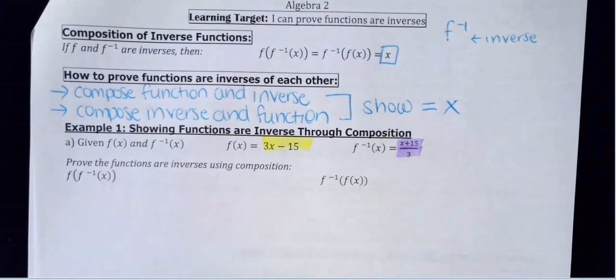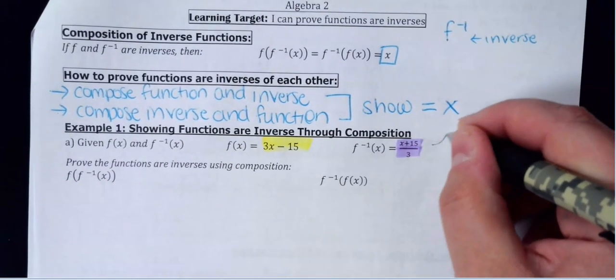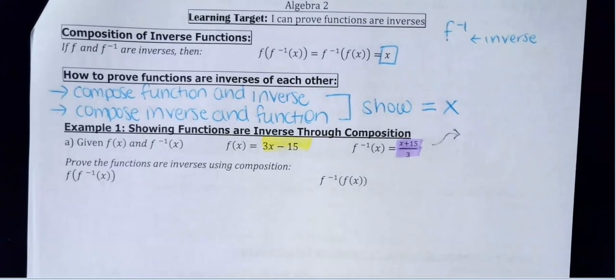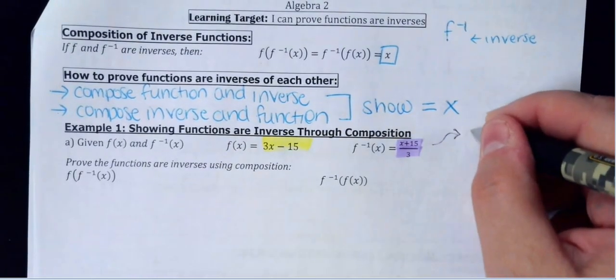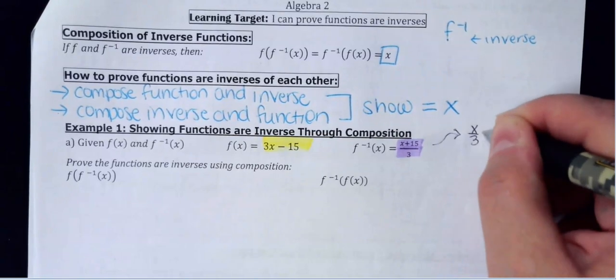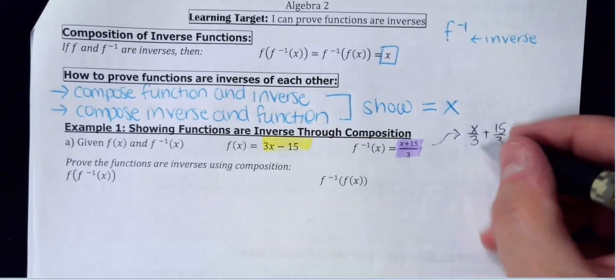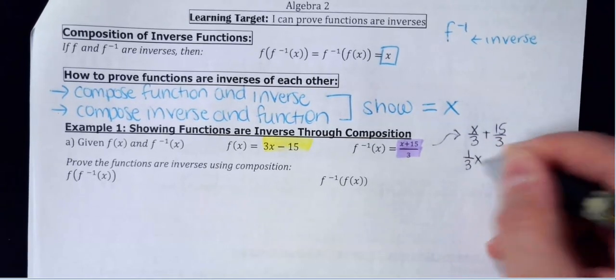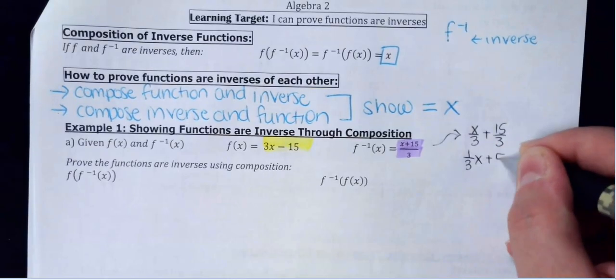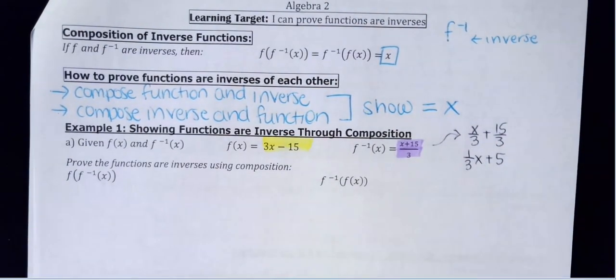I'm not going to use this right this second, but you could also divide both of those terms by 3, so you would have x over 3 plus 15 over 3, which if I was trying to graph it, I might call 1/3 x, that would be your slope, plus 5. Sometimes the line might be presented to you in that format. If the x is on the top and you've got a number on the bottom, it's just trying to be linear. I'm going to use the actual fraction when I do this composition to show you what that looks like visually.